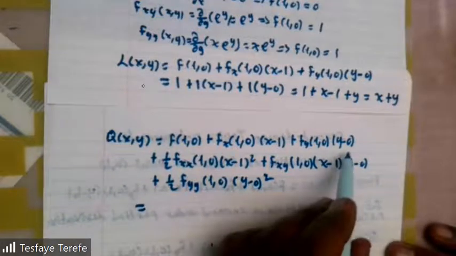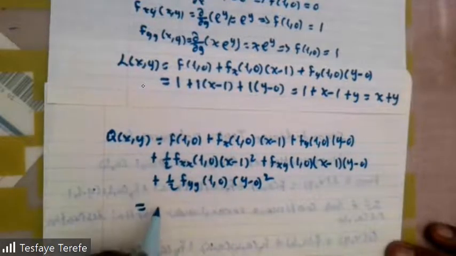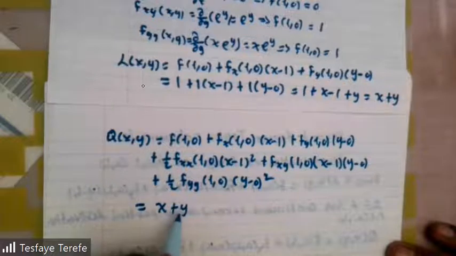Okay, it's a matter of writing. As you see, the first term is simplified. You don't have to put it. That is simply x plus y.